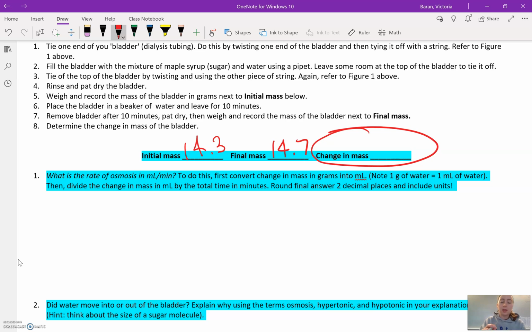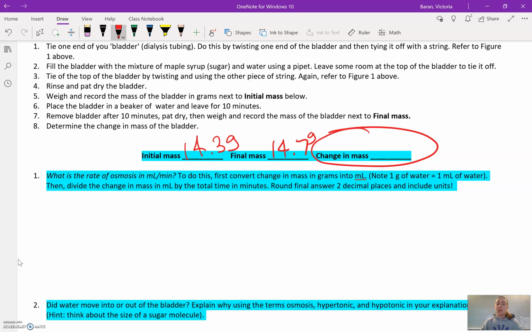You're going to take your change in mass and convert it into milliliters, which is really easy because I measured both of these in grams. The mass in grams is the same number in milliliters because 1 gram of water equals 1 milliliter of water.